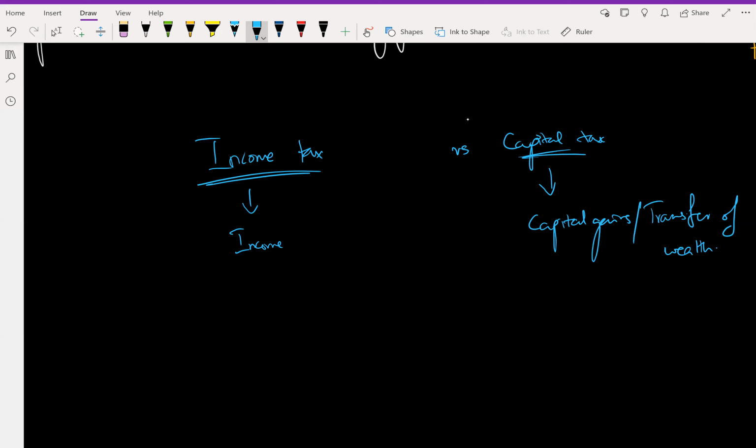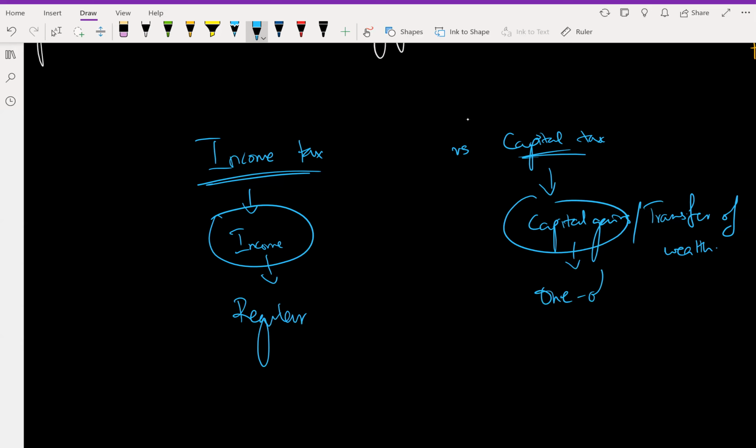Now, income is obviously something that you earn on a regular basis, but gain is something that is a one-off. That's the basic thing you need to understand. Income is something that you regularly earn. For example, I earn my regular income from teaching, so my teaching income is taxed.